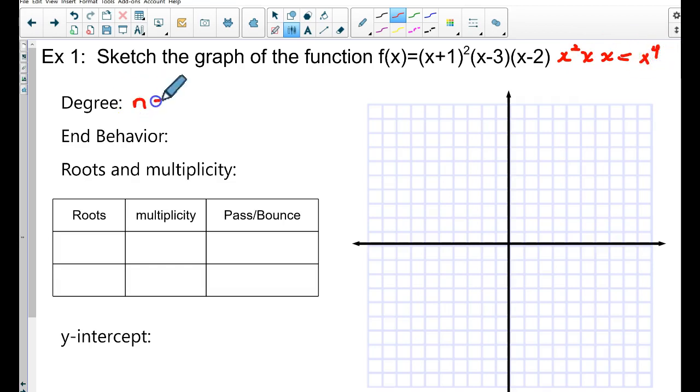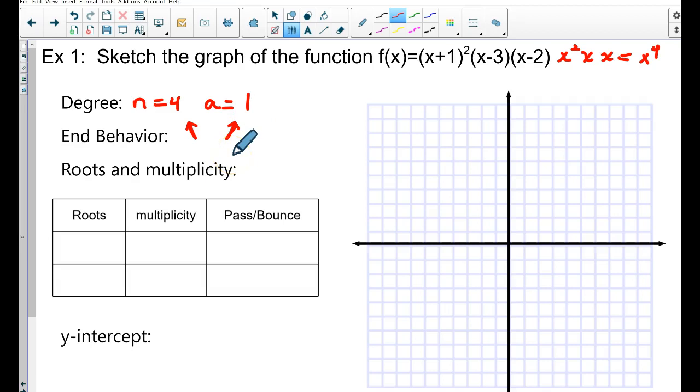So your degree is 4. Your leading coefficient is 1, which is positive. That means your end behavior is as x approaches -infinity, in other words, to the left, it's going to be +infinity, and as x approaches +infinity, your y values are approaching +infinity.